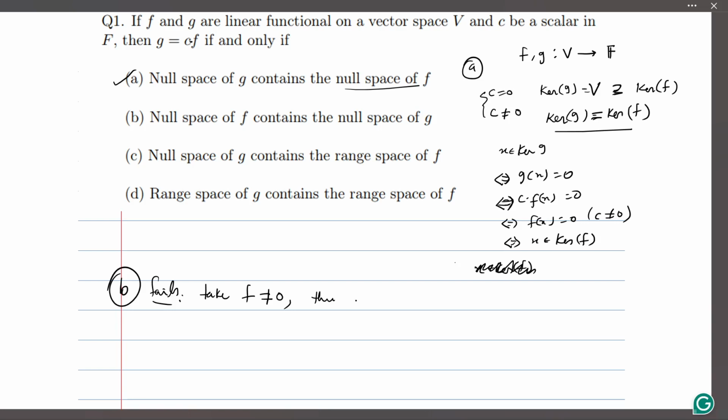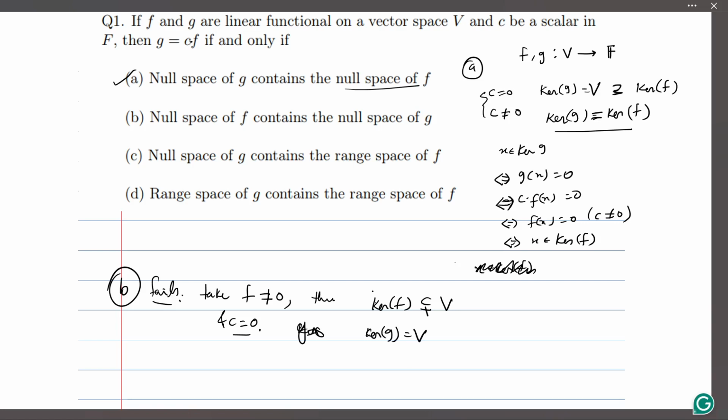Then kernel f is strictly smaller than V, and c is equal to zero. Then g is zero, so kernel of g is equal to the whole V.